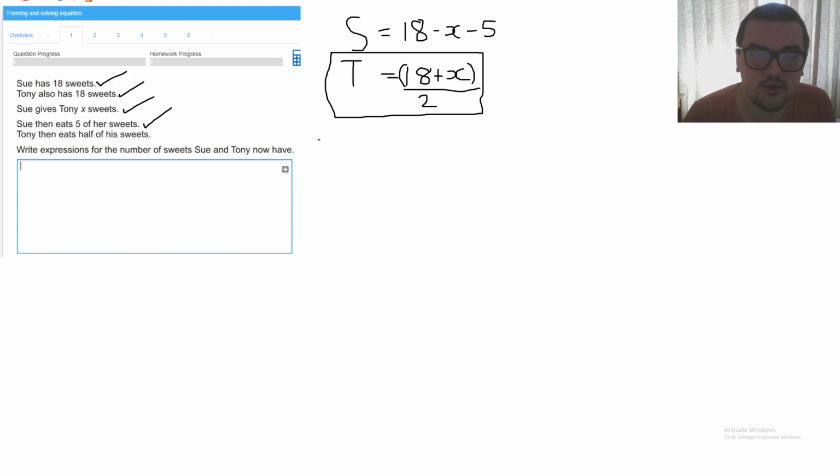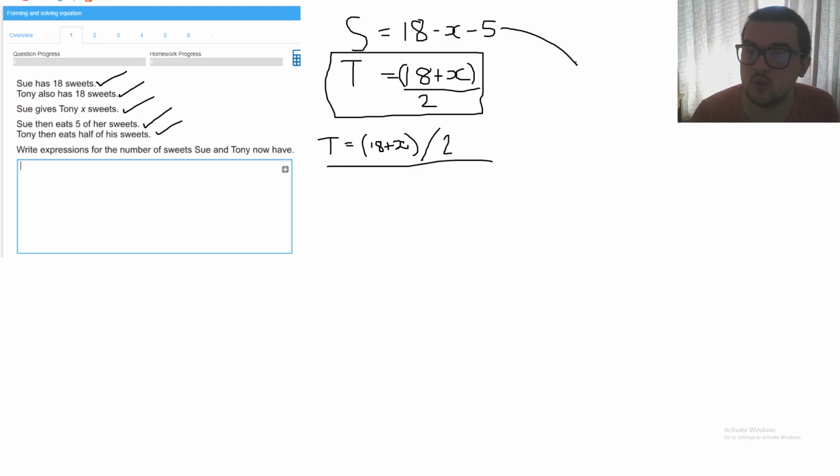In terms of typing it, you can just put a bracket and say Tony has (18 + X) / 2. If you just use a slash, that should be good enough if you can't insert a fraction. I'm not sure if you can put a fraction or not, but if you can, great. If not, then just do it like this.